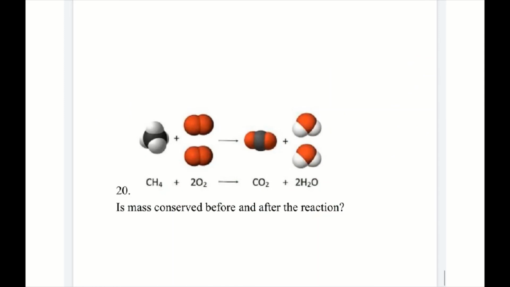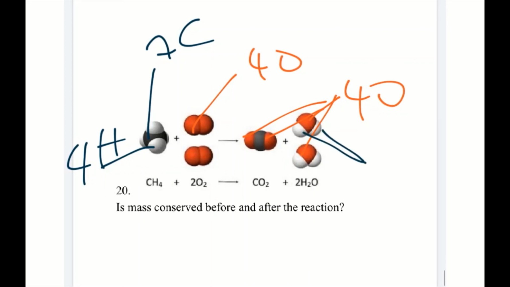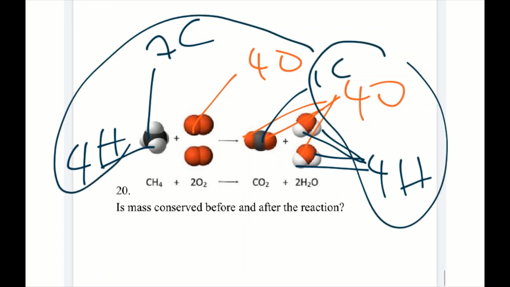So on this side, we have 1 carbon atom, 4 hydrogens, and 4 oxygens. And on this side, we have 4 oxygens, 4 hydrogens, and 1 carbon. So if we group these up, we have the same number of atoms on both sides before and after the reaction. So mass is conserved, so yes.